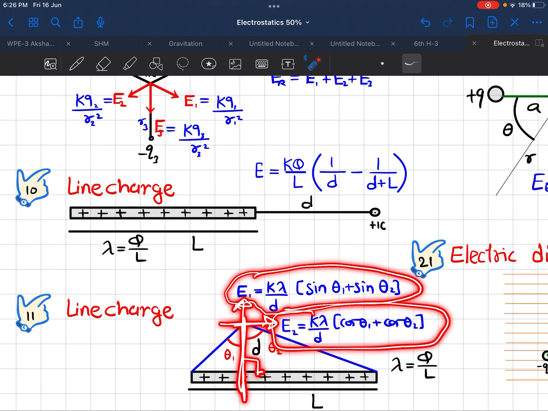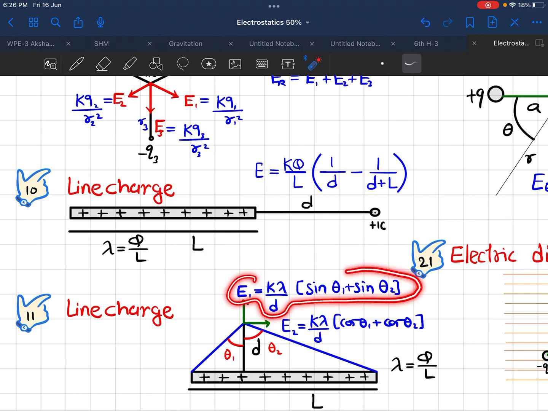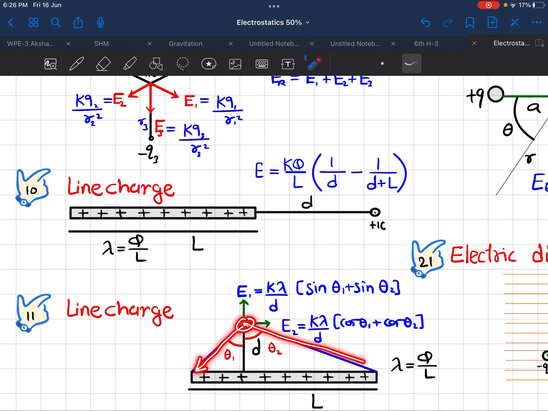The components are E1 is equal to k lambda by d into (sin theta 1 plus sin theta 2), while E2 is equal to k lambda by d into (cos theta 1 plus cos theta 2), where theta 1 and theta 2 are the respective angles obtained when we join the given point with the ends of the line charge, where lambda is linear charge density, which is equal to total charge by total length.